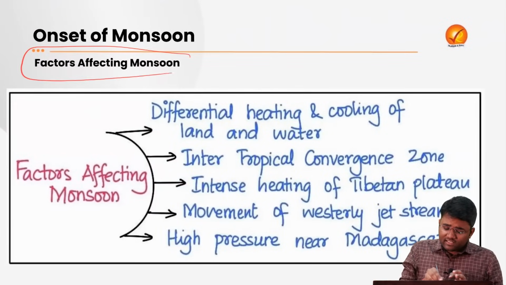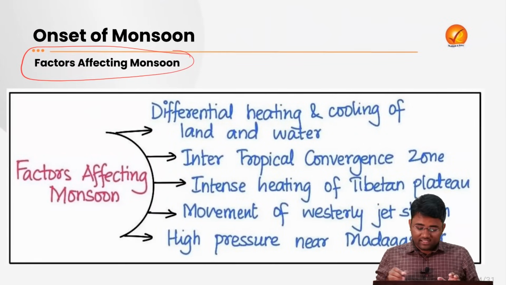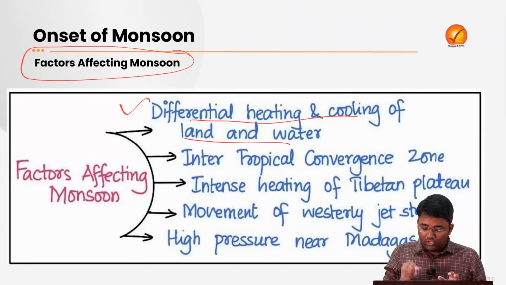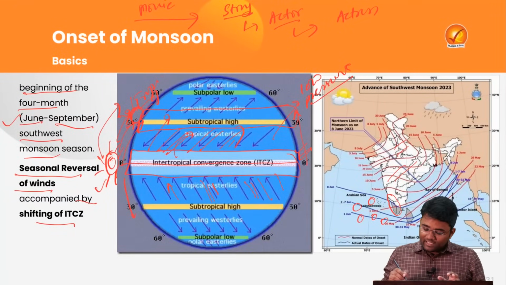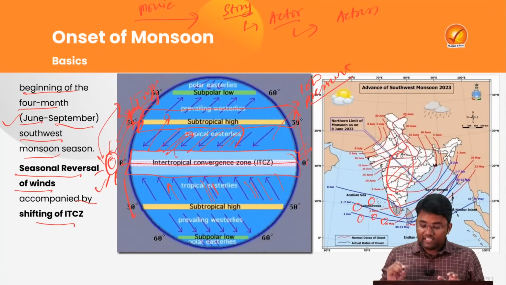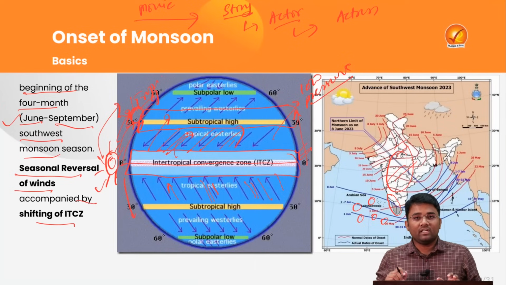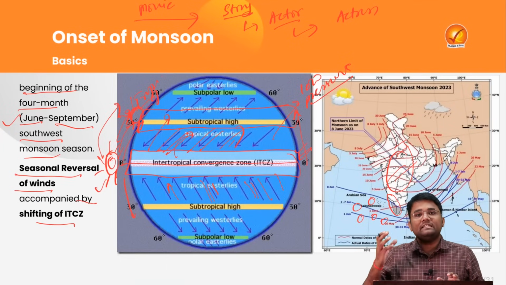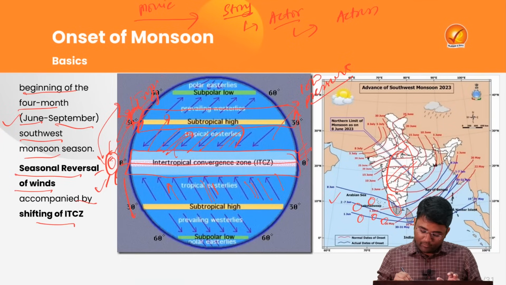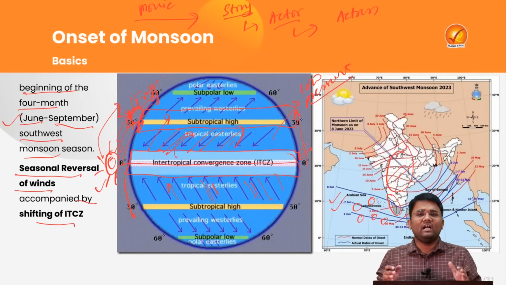Now, what are the factors that affect the monsoon? First is the differential heating and cooling of land and water. As you know, land heats faster than water, and the land area loses heat faster than water, meaning it warms faster and loses its heat faster as compared to the surrounding water area. The water area takes a little longer time in warming and loses heat at a slower rate as compared to the land.